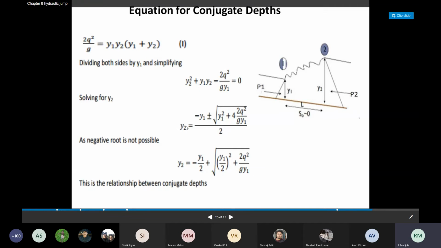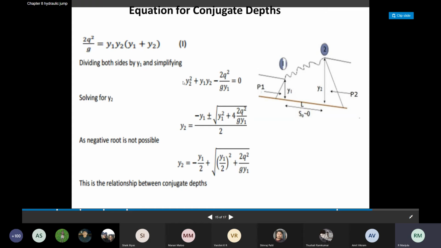The roots will be x is equal to minus b plus or minus square root of b square minus 4ac, divided by 2a. So minus b is nothing but minus y1, plus or minus square root of y1 square, minus of minus plus, if you square this you will get 4ac.